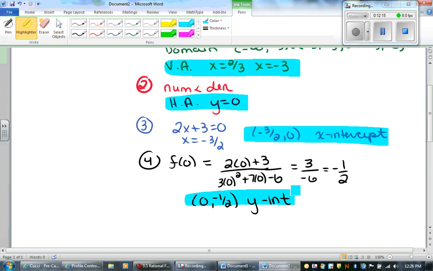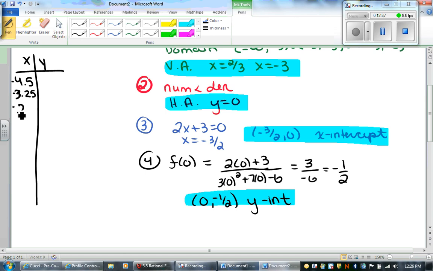And then what we do is we find other values around the ones we have found that are going to give us some shape for this graph. Okay. So we'll try -4.5, -3.25. And you do want to use decimal values because these kind of can get tricky in little squeezy spots.